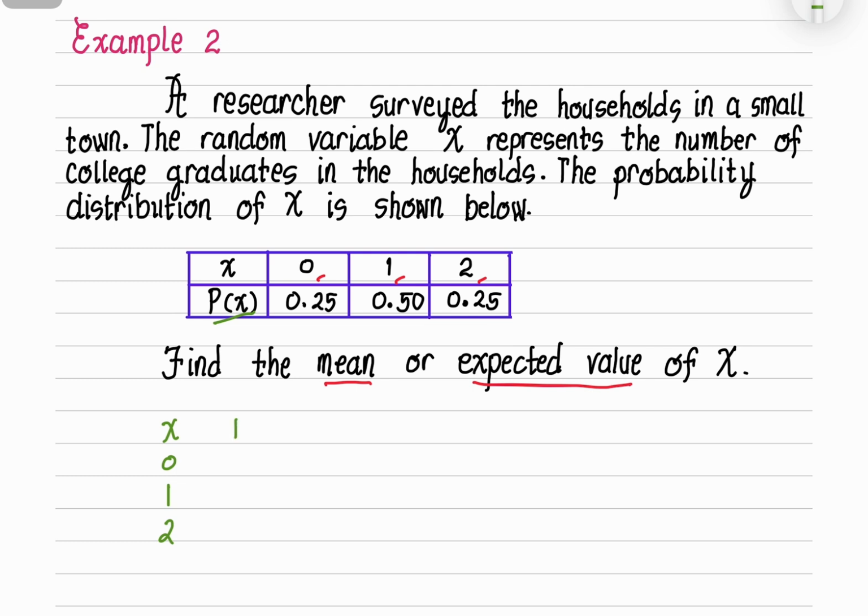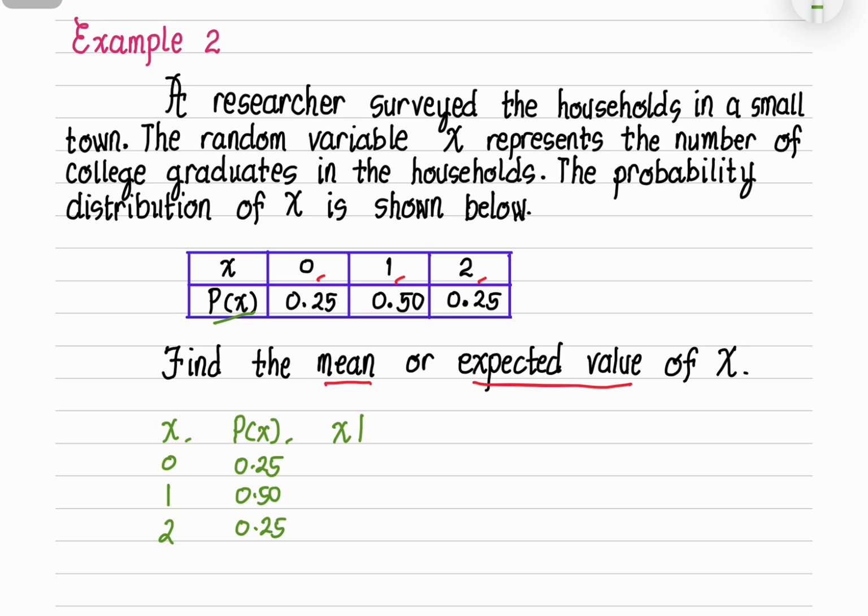So, yung p of x natin, we have 0.25. We have 0.5 or 50, 0.25.